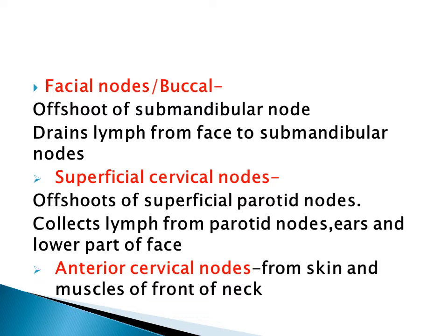In case of anterior cervical nodes, they are arranged along the anterior jugular vein. They receive afferents from the skin and muscles of the front of the neck, that is, the anterior triangle of the neck, and they drain into the lower deep cervical nodes.